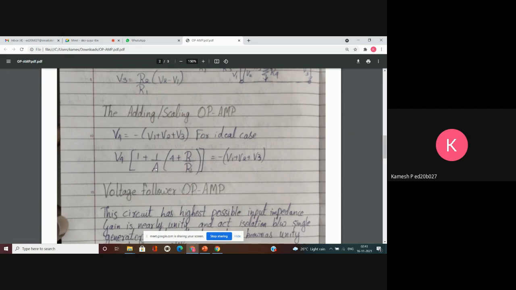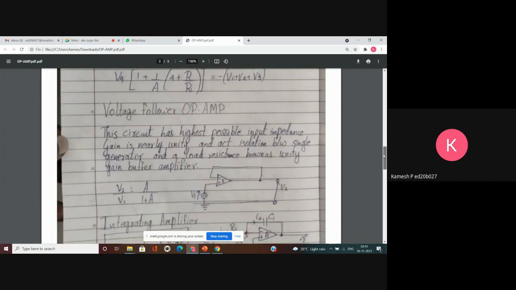Here you can see if A is far larger than 1, this term becomes 0, but generally we have to remember this part alone. Like in other cases we neglect this part, but here we have to remember it. And this is when R1 equals R2 equals R3 equals R4 in the adding and scaling op amp.